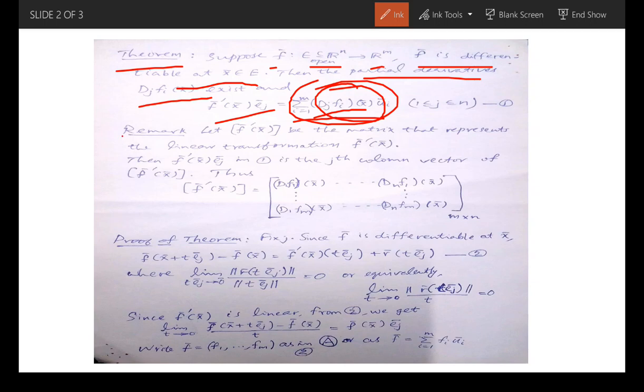First, let us make a remark on this theorem. You know f dash x is a linear transformation from Rn to Rm. We have learned it. Derivative is a linear transformation. Every linear transformation has a matrix representation with respect to the given bases. Here the given bases are, remember, the standard bases of Rn and Rm respectively. So let f dash x matrix be the matrix that represents the linear transformation f dash x.